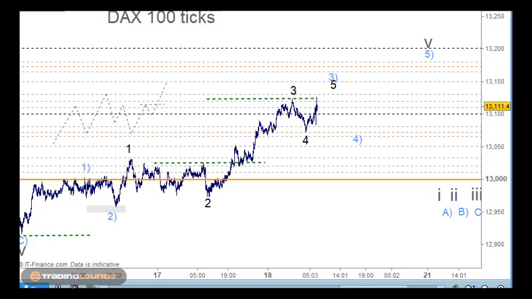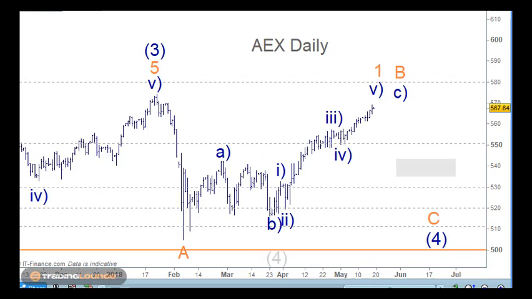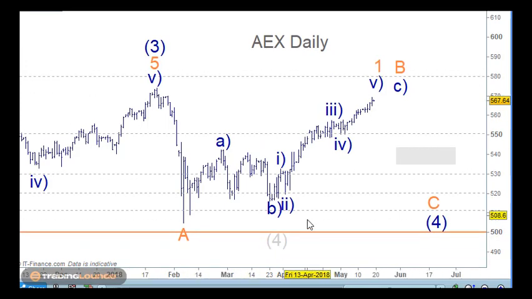So the AEX is going to be the same as well, same but different. So we're looking at this here, the same thing again, intermediate wave 3, an A wave, a B wave, and then a C wave to the downside. If I've made a mistake, then we need to look at this as being wave 4, and we need to look at this as being wave 1 here. And in that case, once this is completed here, which is going to go a bit higher just yet, we'd look at this as an A wave, a B wave, and a C wave to here.